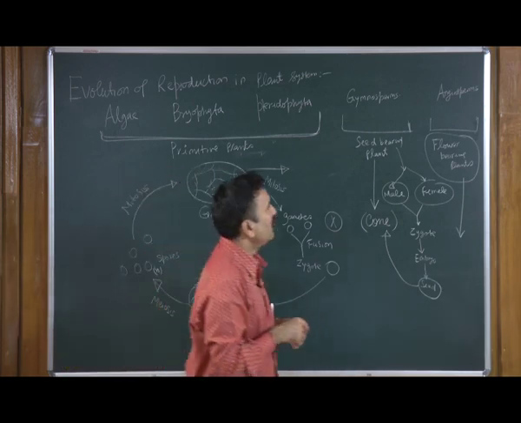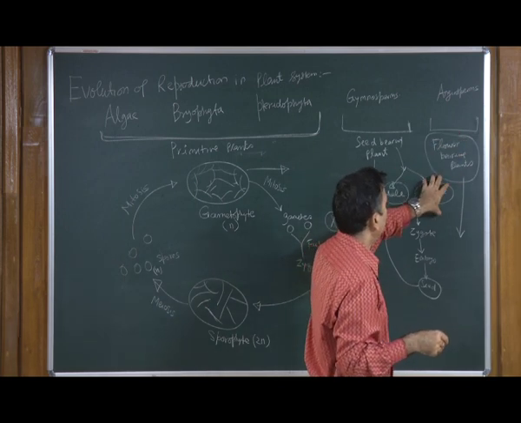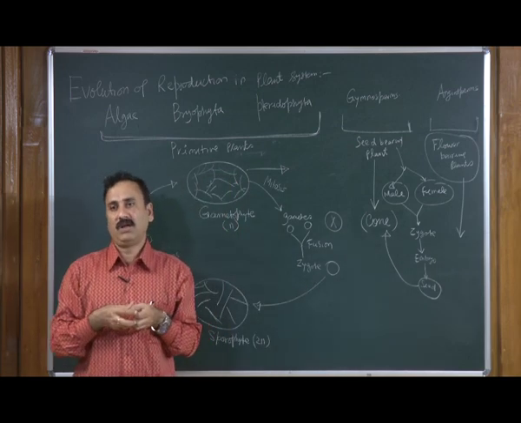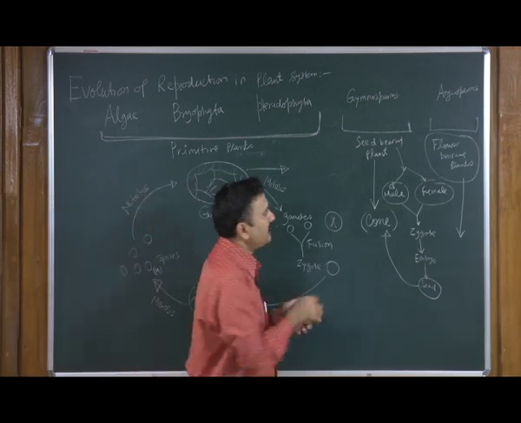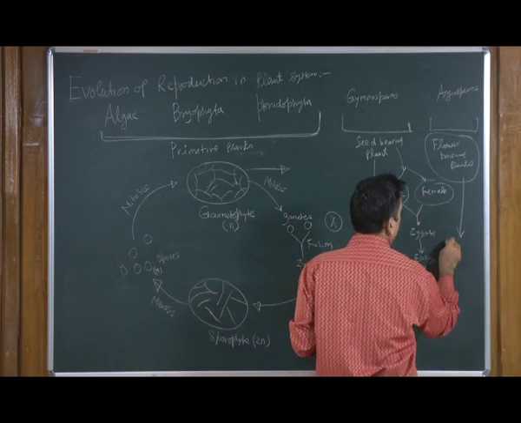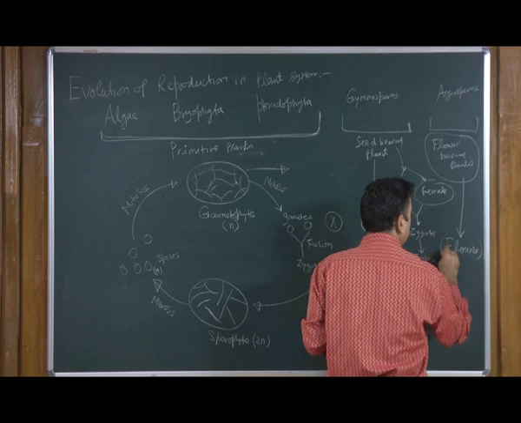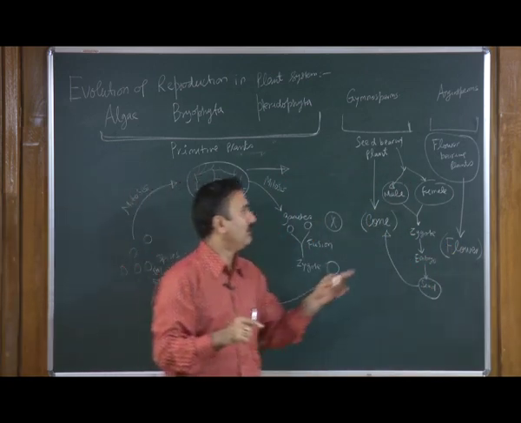In this case, what they have done is they have taken the male as well as the female sex organs, and put them into a combined structure, and that combined structure is known as the flower. That is why the appearance of the flower only happens in the case of angiosperms.